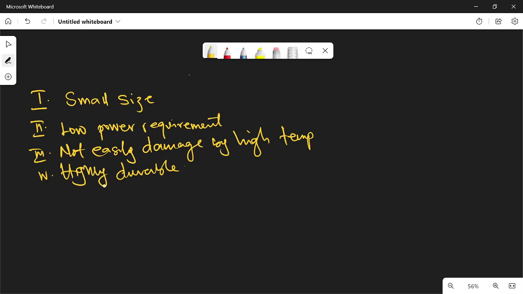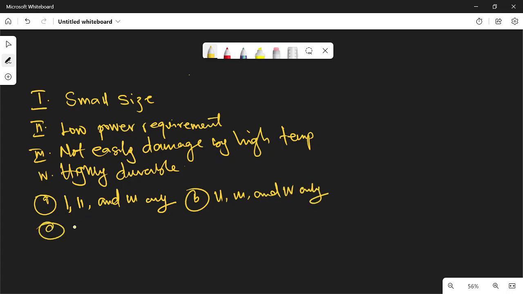So the question says, which of the above are the advantages of semiconductors? A. Roman figure 1, 2, and 3 only. B. Roman figure 2, 3, and 4 only.